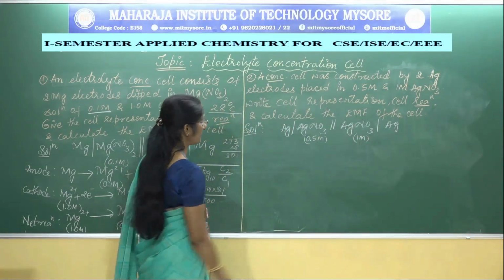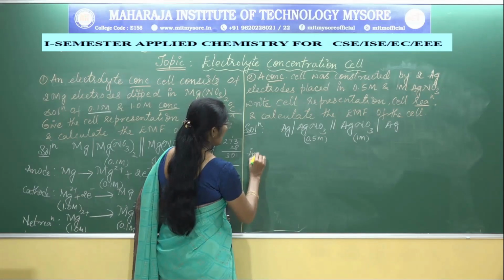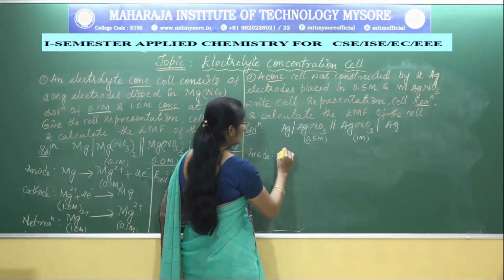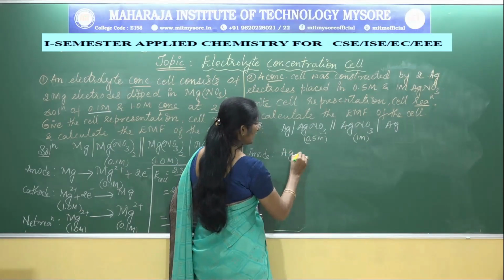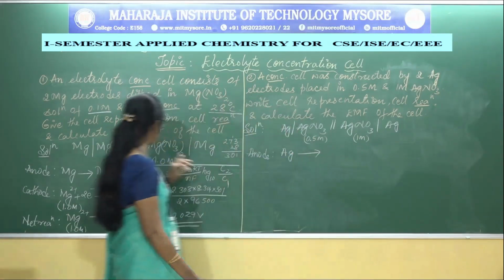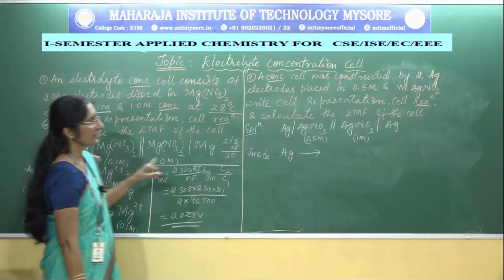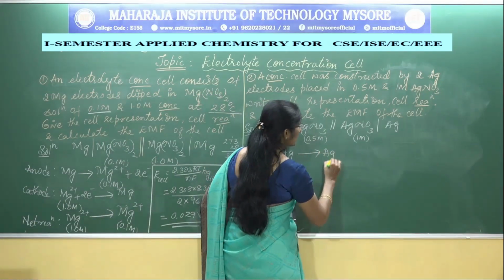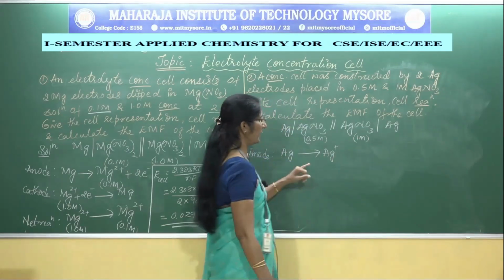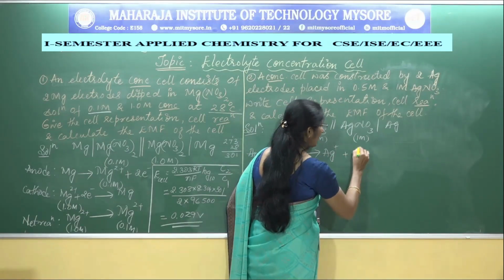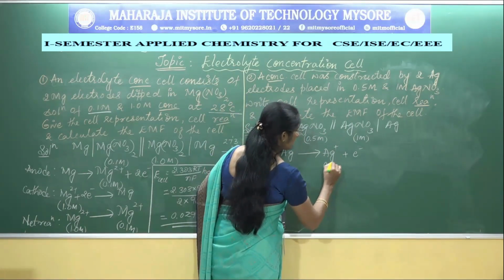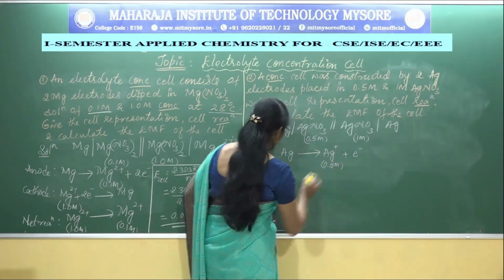Then the cell reaction, how to write the anode reaction? At the anode oxidation takes place. Here it is silver metal. Observe that magnesium was bivalent, remember that silver is monovalent, so it loses 1 electron, so Ag gives Ag+ plus electron. The concentration at the anode is 0.5 molar.